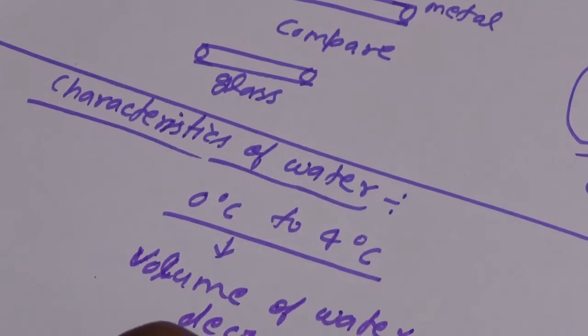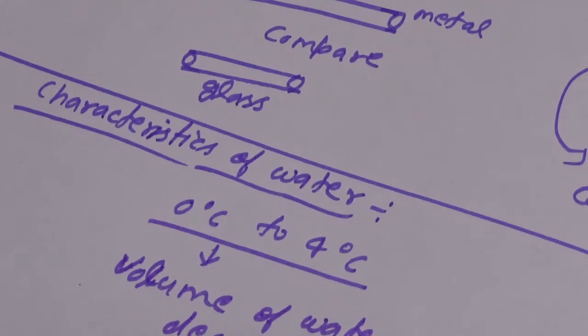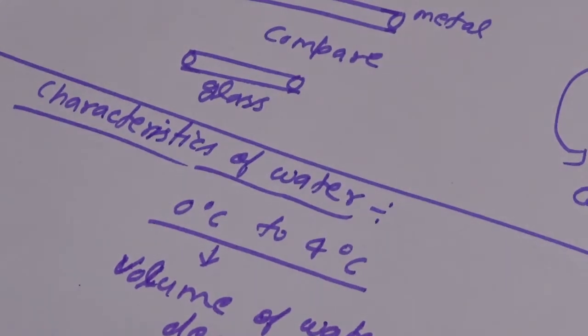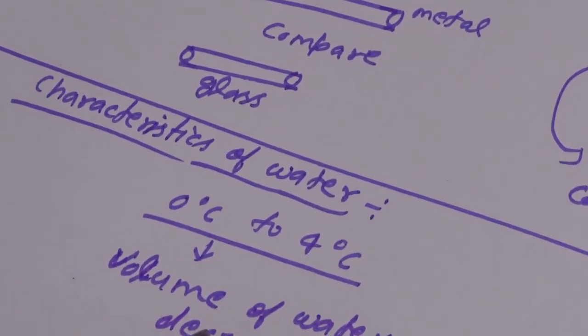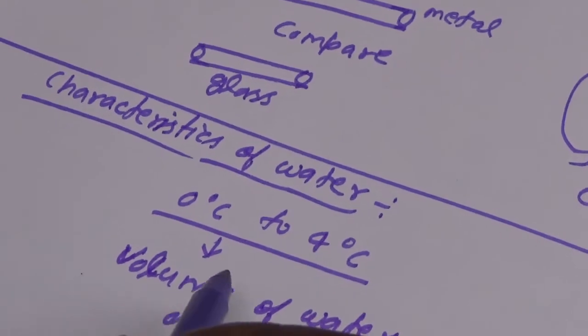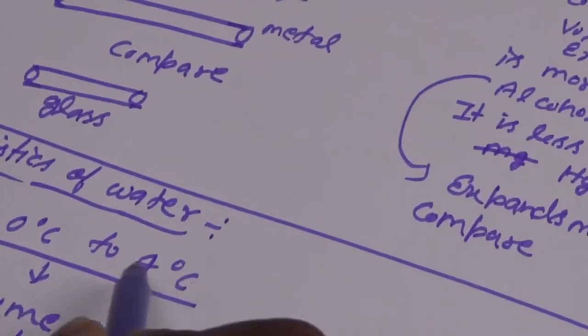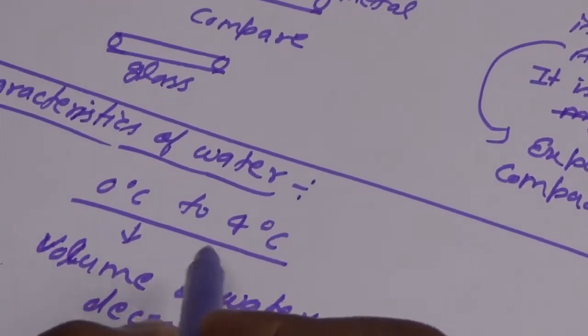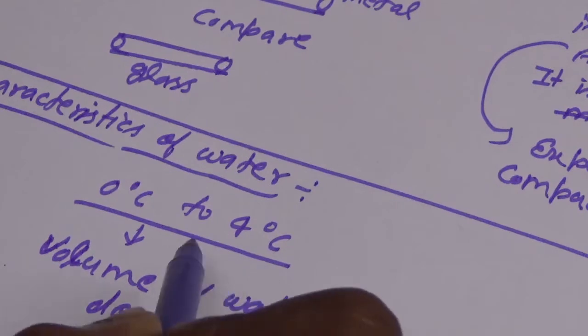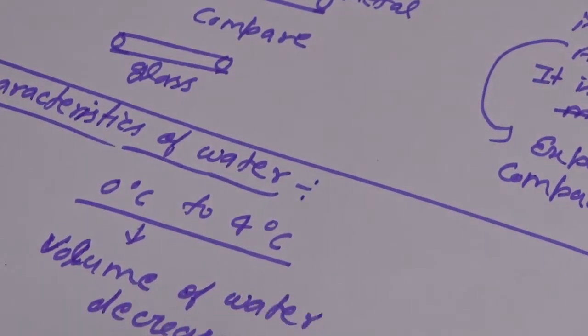Very interesting concept. This is a very interesting concept about water. Why it is interesting, we shall discuss. Between 0 degrees Celsius and 4 degrees Celsius, the volume of water decreases.